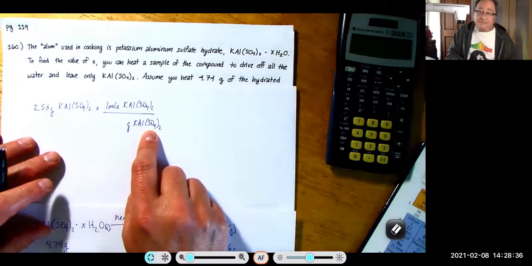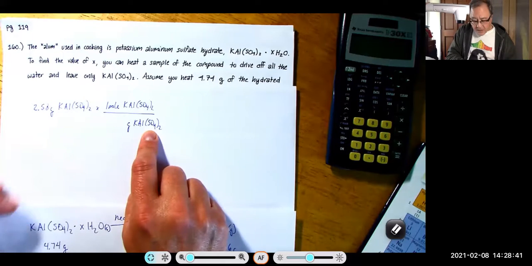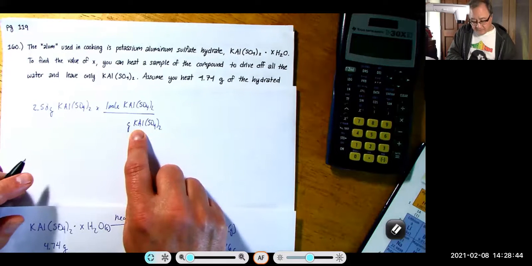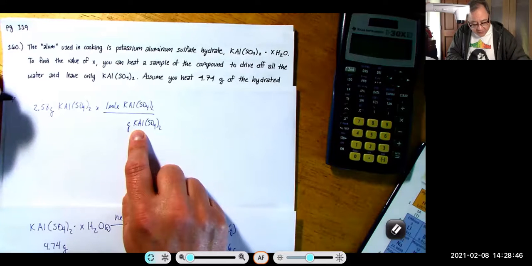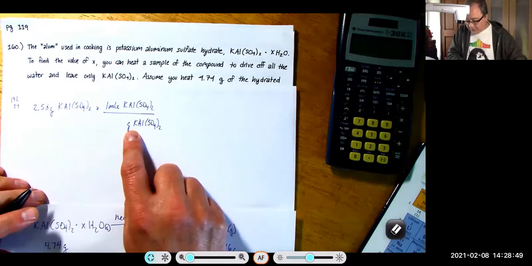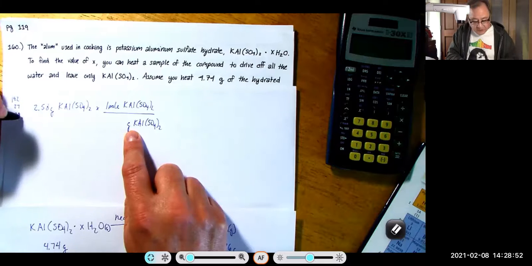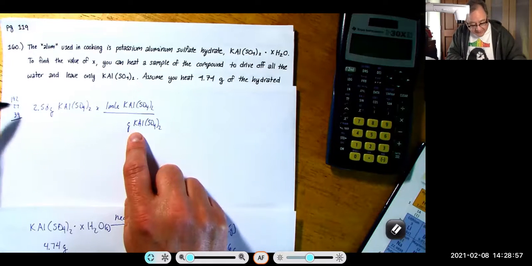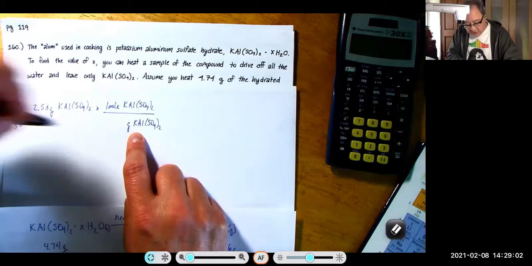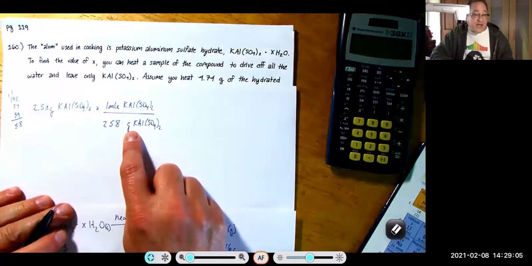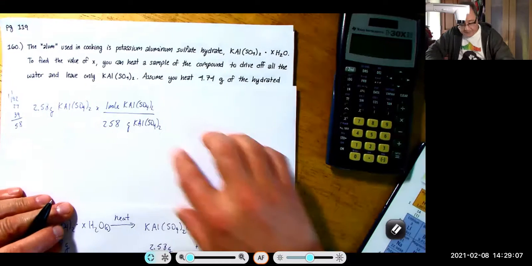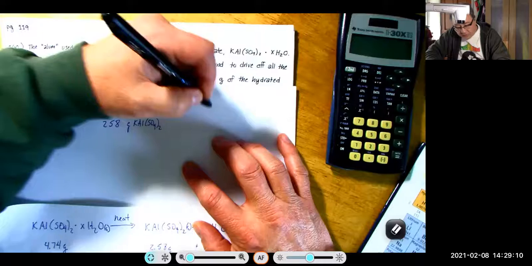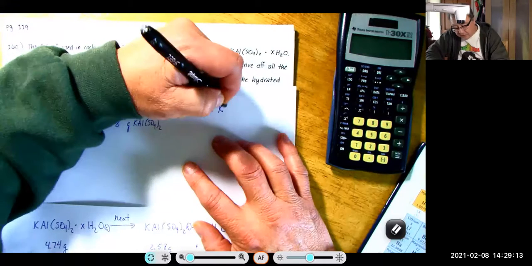So 2 of them is 192. I know aluminum's 27. So I've got 192 plus 27, and I know potassium is 39. So I'm just doing a real quick job on this. That's 11 plus 7 is 18, carry the 1, and that's 5, carry the 1. So we're talking about 258 grams of potassium aluminum sulfate to 1 mole. And we're going to get moles of potassium aluminum sulfate.